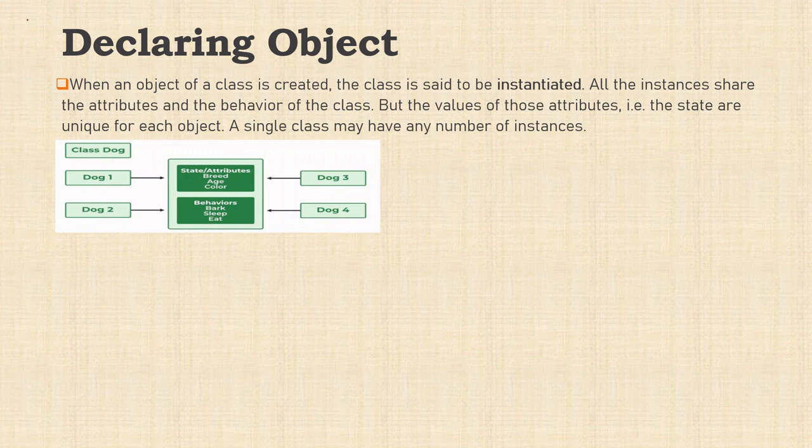Inside the state we have breed, age and color, and inside the behavior we have bark, sleep and eat. These are all the variables, and these are all the methods. This is the class Dog, and these are the instances, that means object 1, object 2, object 3 and object 4. So we have created four objects, dog 1, dog 2, dog 3 and dog 4 of class Dog, and these all have the states and behaviors of the Dog class.